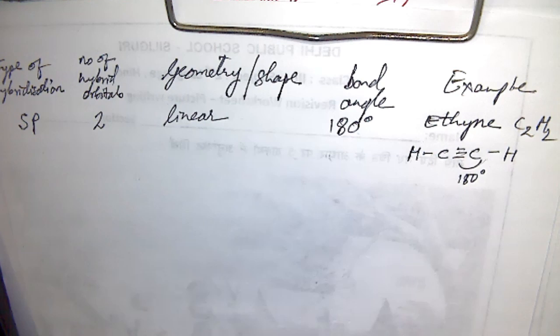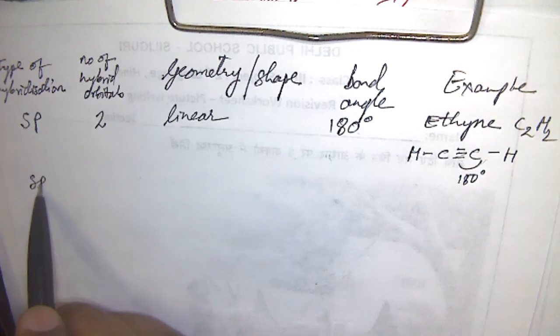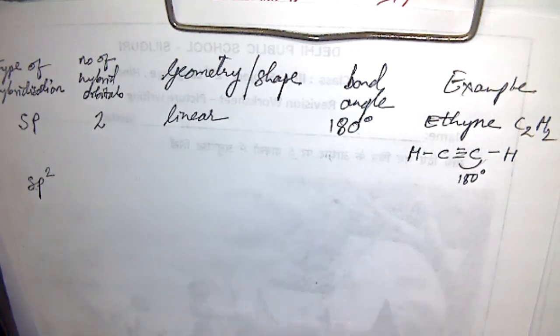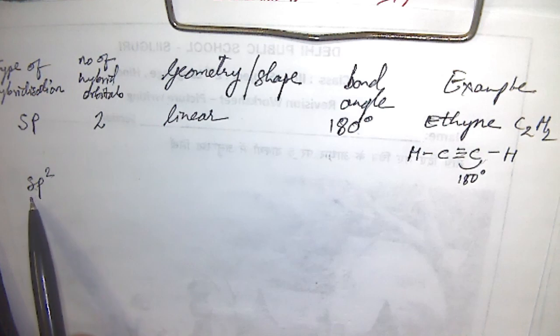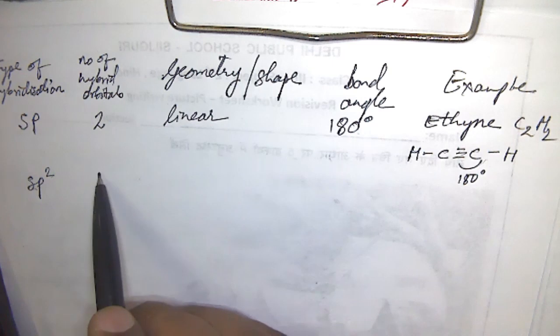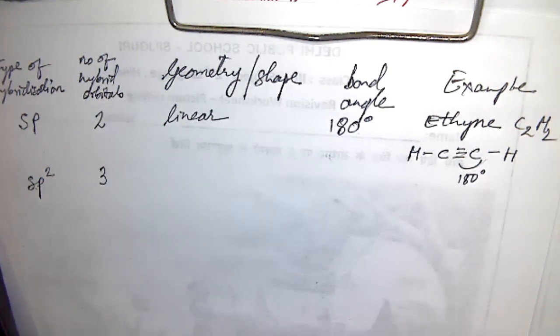Then let's take the next one. You have sp2. One more p we have added. So how many hybrid orbitals? Here 2 p and 1 s. So altogether how many are combining? 3 are combining. So how many will be formed here? 3. 3 orbitals are combining, so 3 hybrid orbitals are formed.